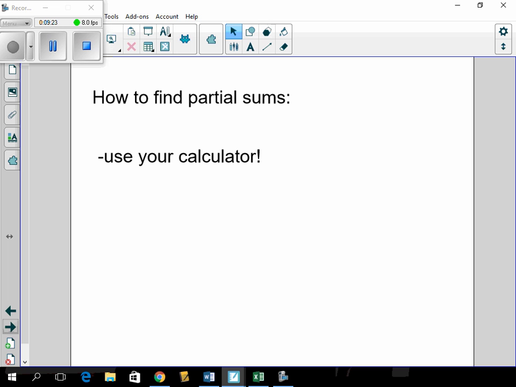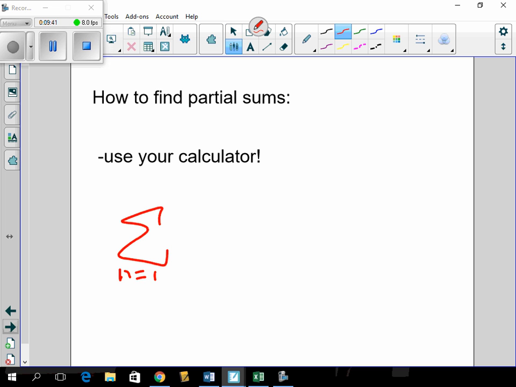Now, using partial sums. When we do partial sums, we're taking not the whole sum, but the sum of a series up to some number. So if I was given the series n equals 1 to infinity of 2 times 7 over n squared, I might ask you to find the fifth partial sum.